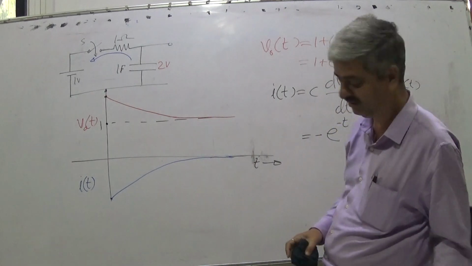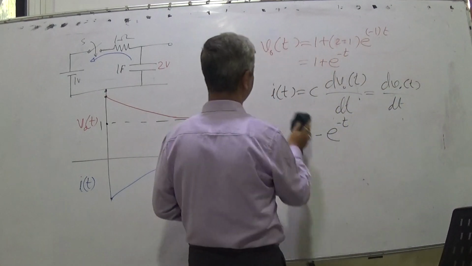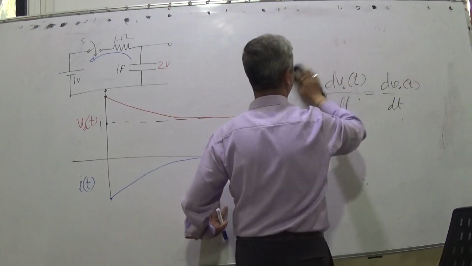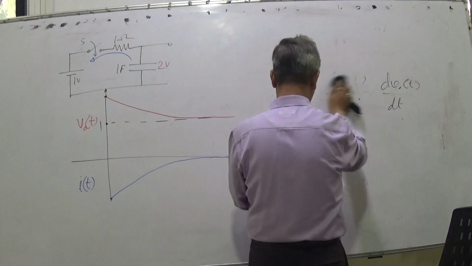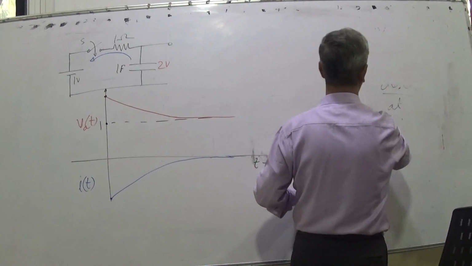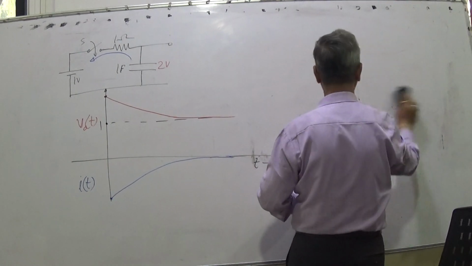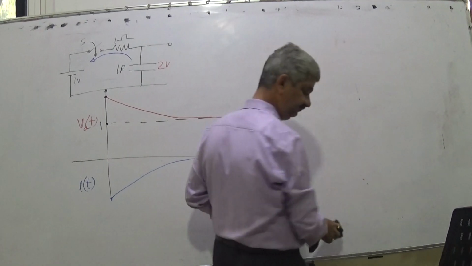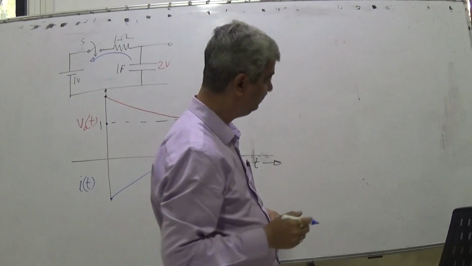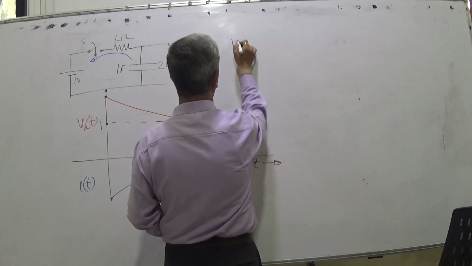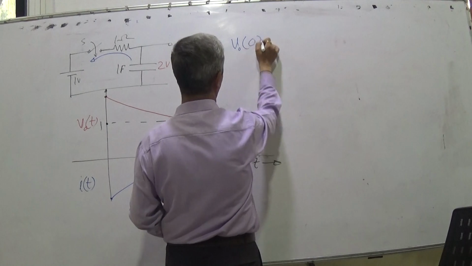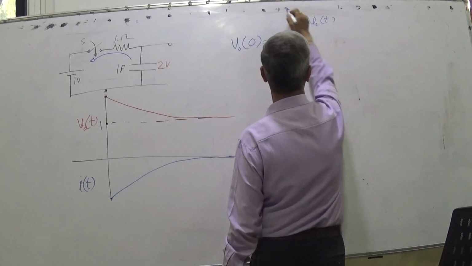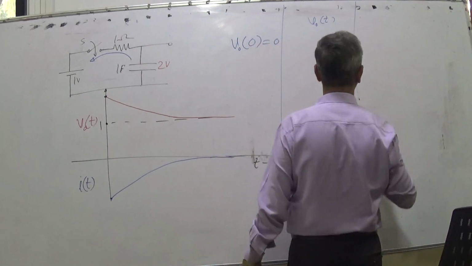So we have just discussed 3 cases for the same circuit. I will have just a recap of the 3 together. You can plot the graph on your own. Initial case VO0 is 0, VOT and IT.